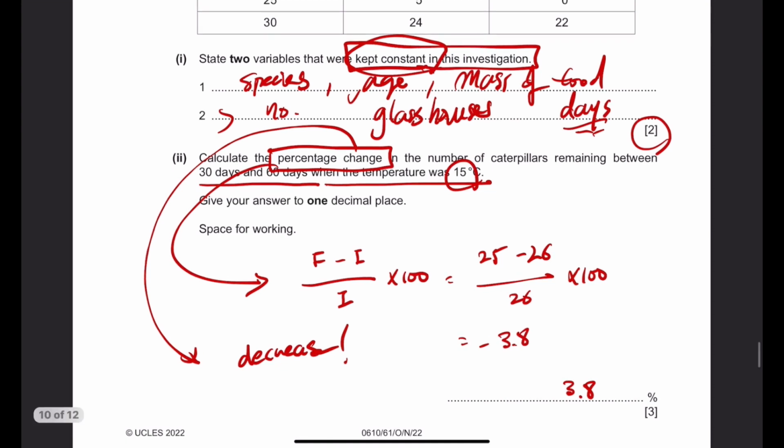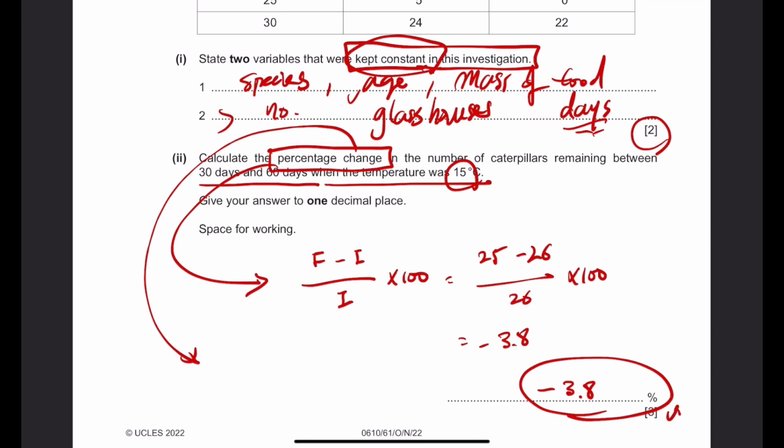Since this question actually asked about the percentage change, the change is negative. Don't forget to put the negative sign here. So it's negative 3.8%. So you get 3 marks for this one.